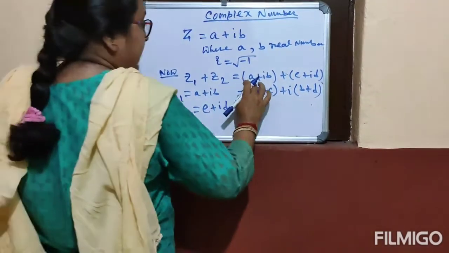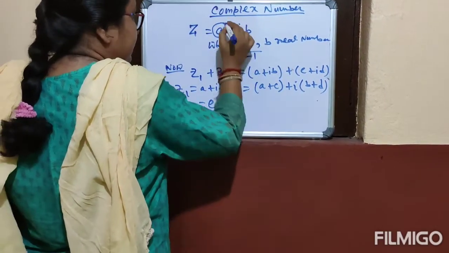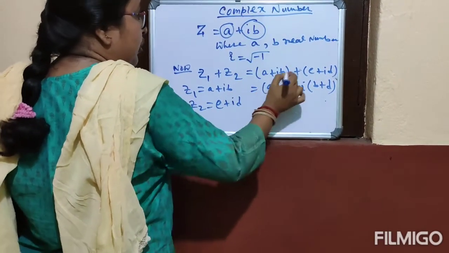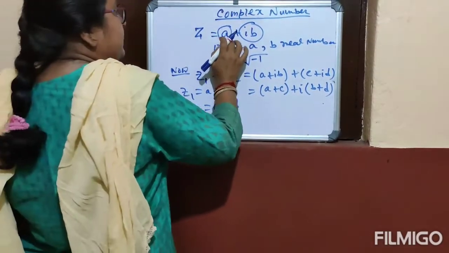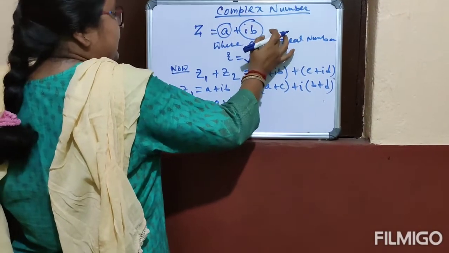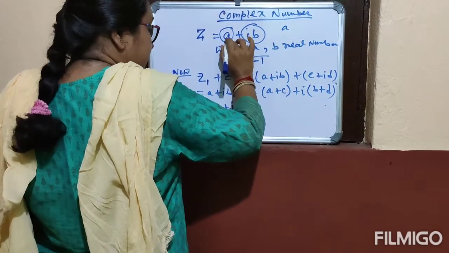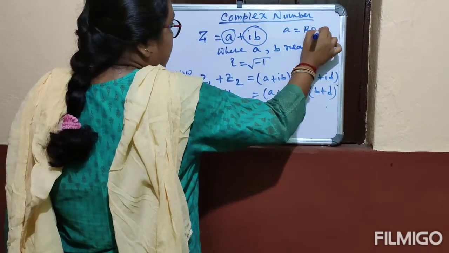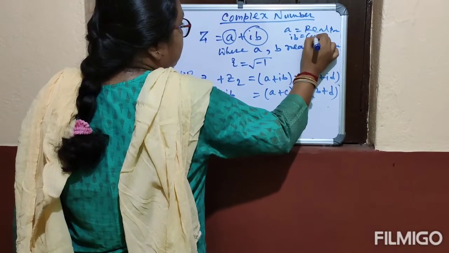You add a plus c; this is the real part. This other part is called the complex part because i is multiplied. That's why this part is real and this part is complex. Here a is the real part and ib is the complex part.